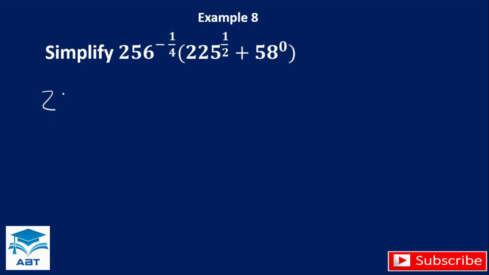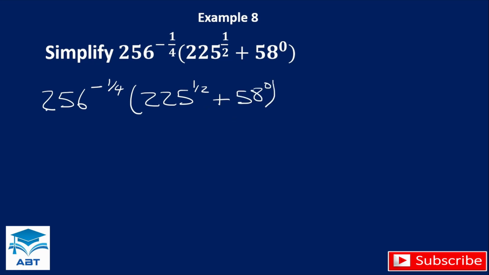We have 256 exponent negative 1 over 4 times 225 exponent 1 over 2 plus 58 exponent 0. 256 exponent negative 1 over 4 can be written as 1 over 256 exponent positive 1 over 4.